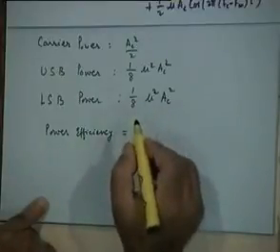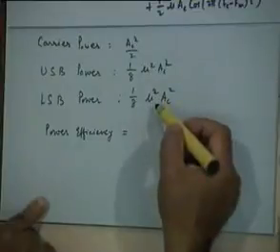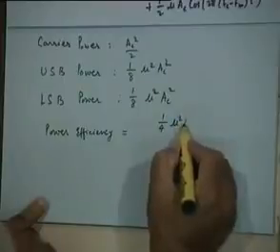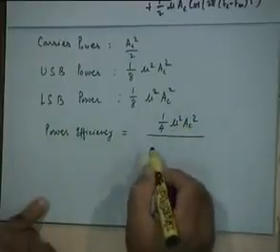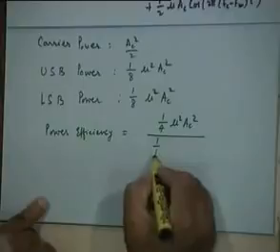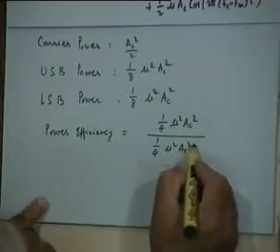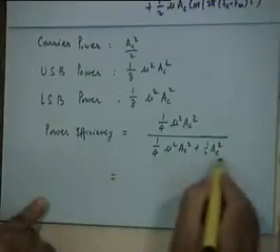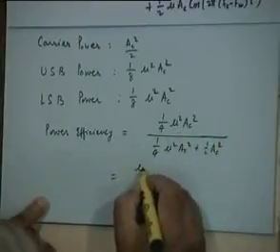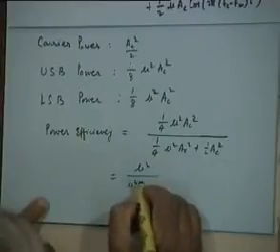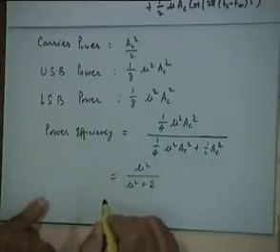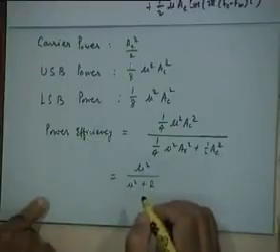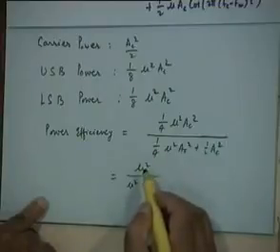The useful power transmitted here is the power in the two sidebands: 1 by 4 mu square A sub c square upon 1 by 4 mu square A sub c square plus half A sub c square, right? Which A sub c square cancels off, and this simplifies to mu square upon mu square plus 2, right? And therefore that is the power efficiency you will have for a modulation index of mu.